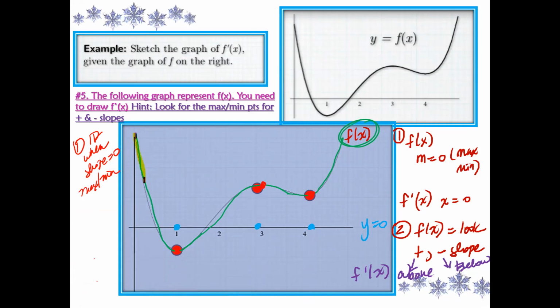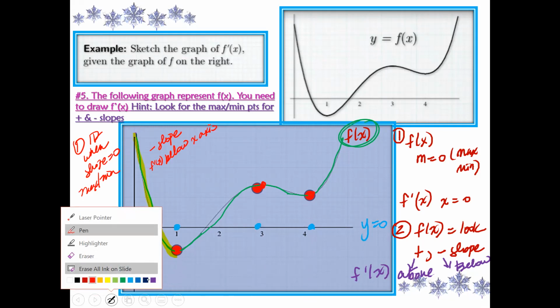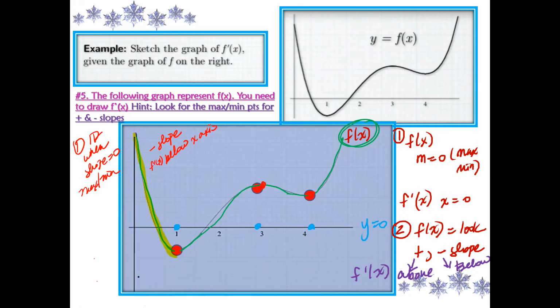So from this beginning to the minimum, the slope is a negative slope, which means f prime of x is below the x-axis. So I'm just going to go ahead and draw.